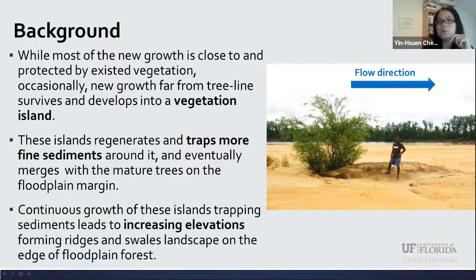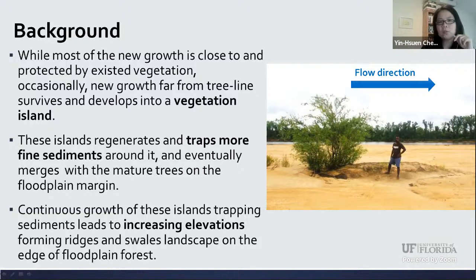This new growth continues to trap more sediments and organic matter, and eventually they develop into an island-like feature. I'm just going to call it a vegetation island on the point bar. This vegetation island keeps on growing and trapping more organic matter, getting bigger and bigger, and eventually they actually merge into the previous tree line.